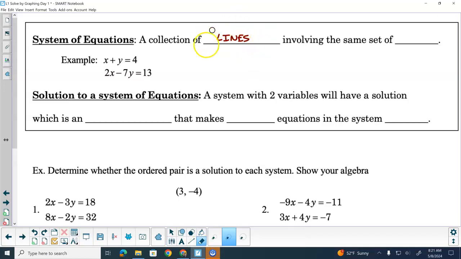I want to say the same set of a collection of equations, which is lines, involving the same set of variables or points.